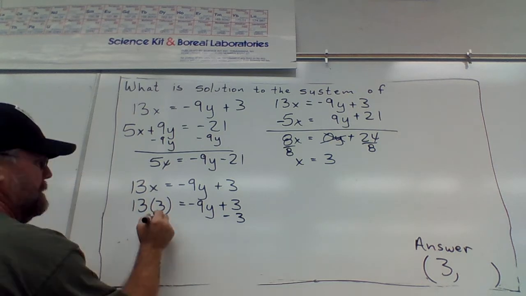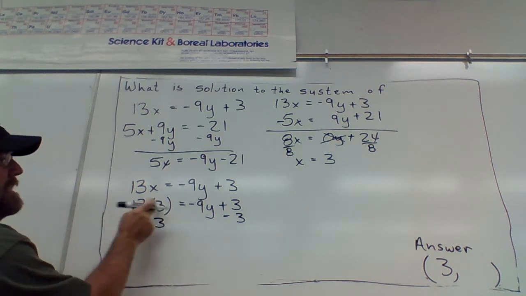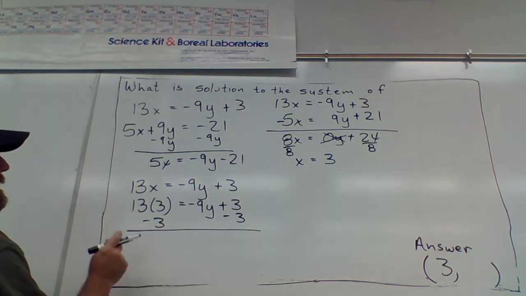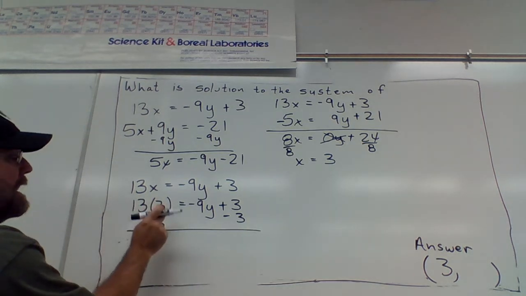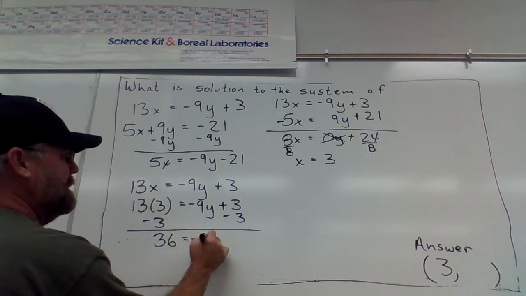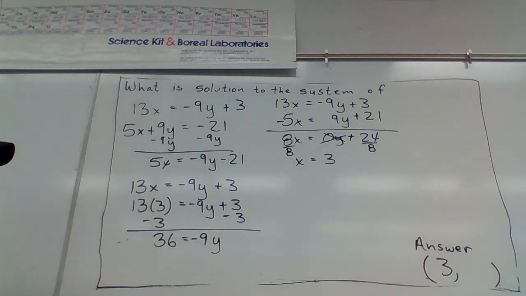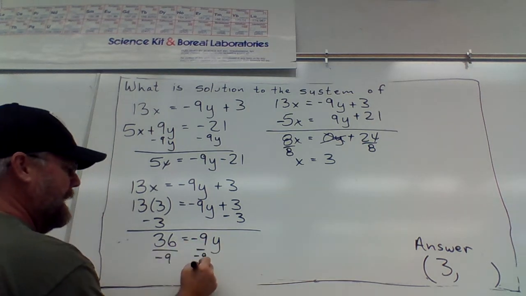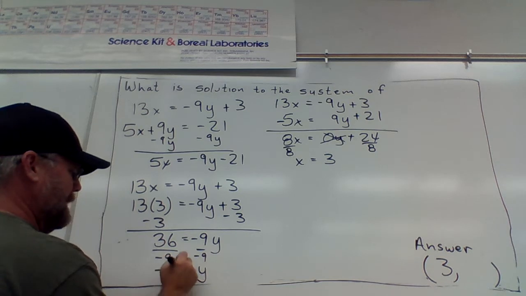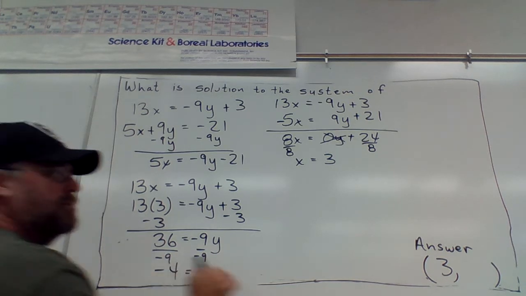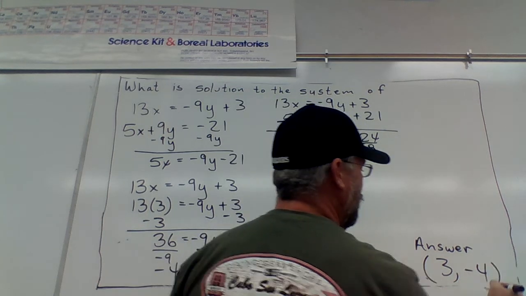Well, 13 times 3 is 39 minus 3. I kind of skipped a step there, sorry. That's 39 minus 3, 36 equals -9y. Divide off -9, both sides, and I get y equals -4. Well, there's my answer for y, so it should be -4.